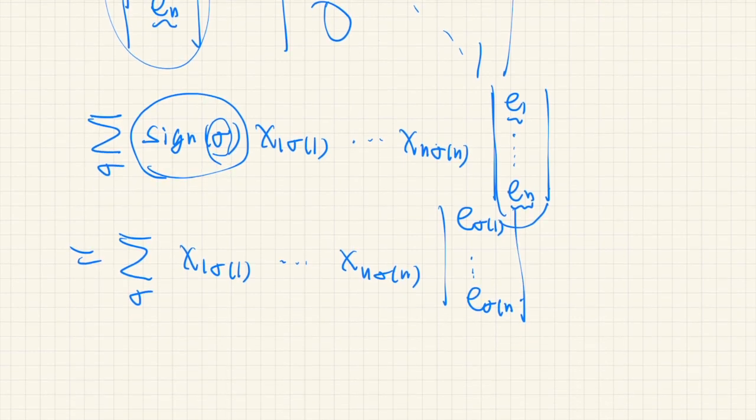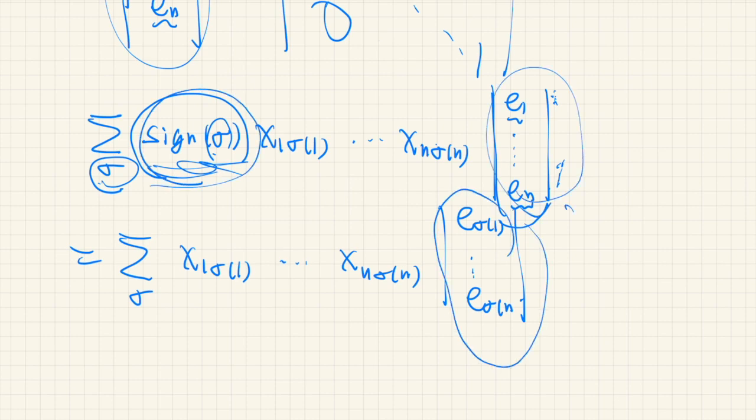Okay, so if we swap the rows of this matrix according to this permutation sigma, then we get the sign of sigma. But that is already here, so we can get rid of this function by permuting the rows of this matrix, which gives us this one.